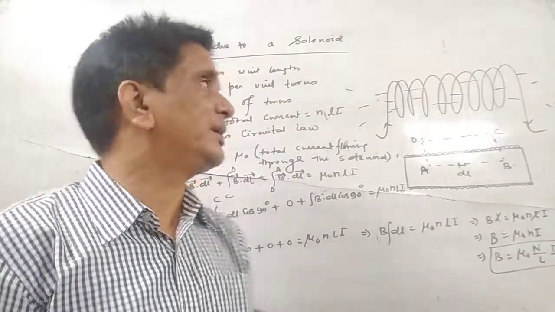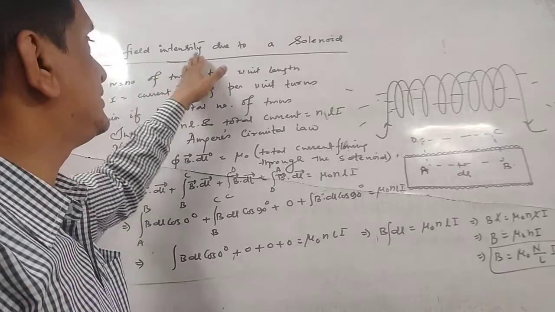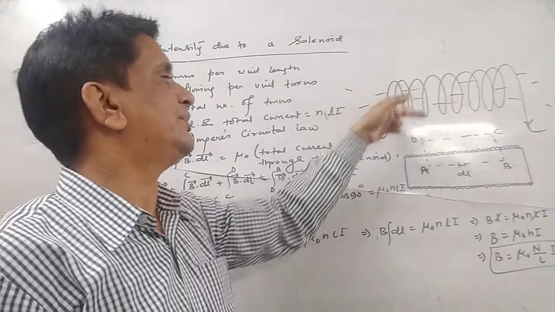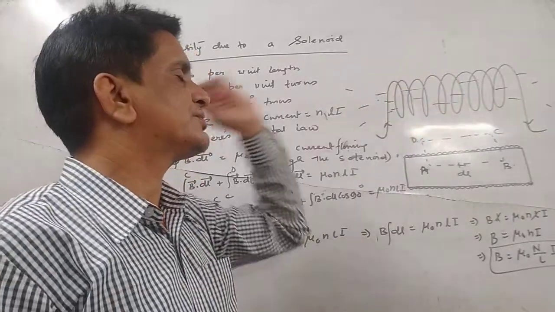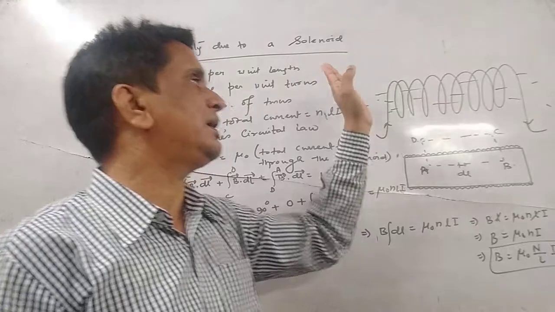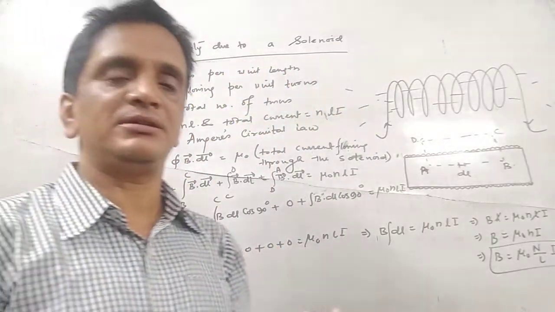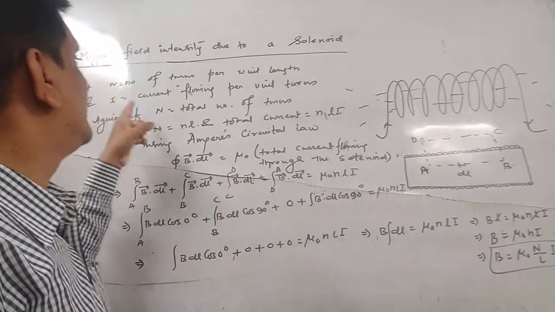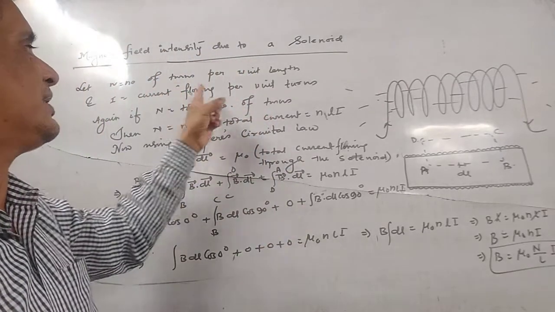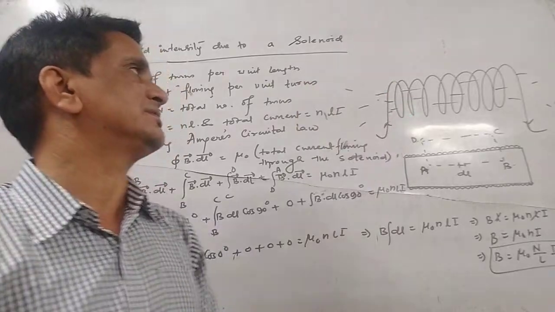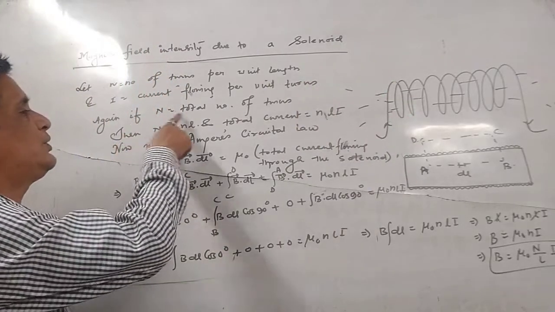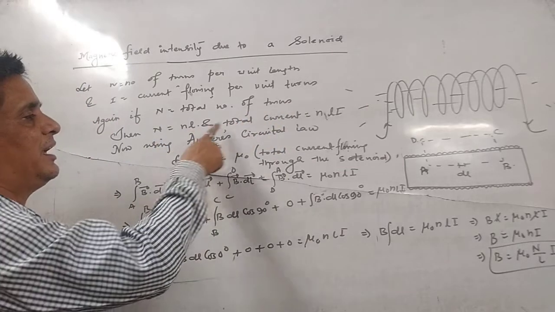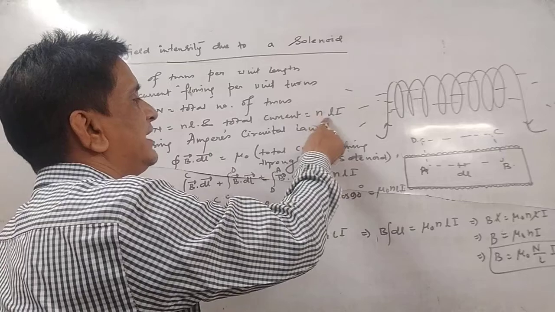We have considered a solenoid having small n number of turns per unit length, and we have assumed that I equals current flowing per turn. Then if n is turns per unit length and L is the length, total number of turns capital N equals small n into L. And total current will be small n, L and I.